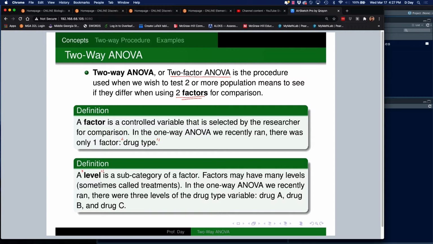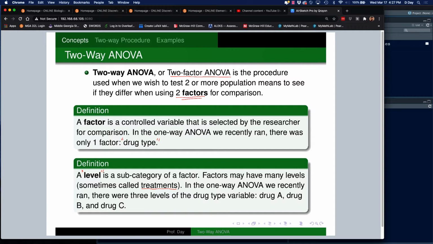This is basically just a subcategory of a factor. Factors can have as many levels as we want, and again, sometimes they're called treatments. In the drug example, our levels were the group on drug A, the group on drug B, group on drug C. Those were our three levels, and they were subcategories of the overall factor drug type.